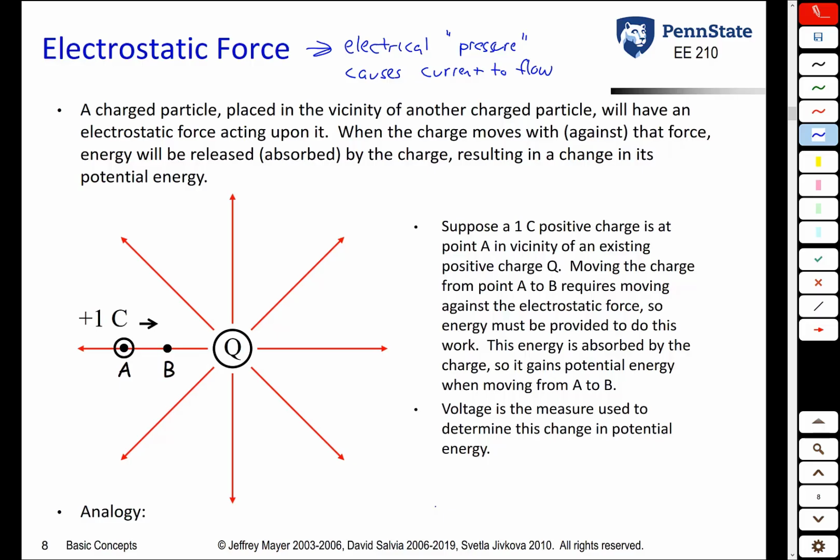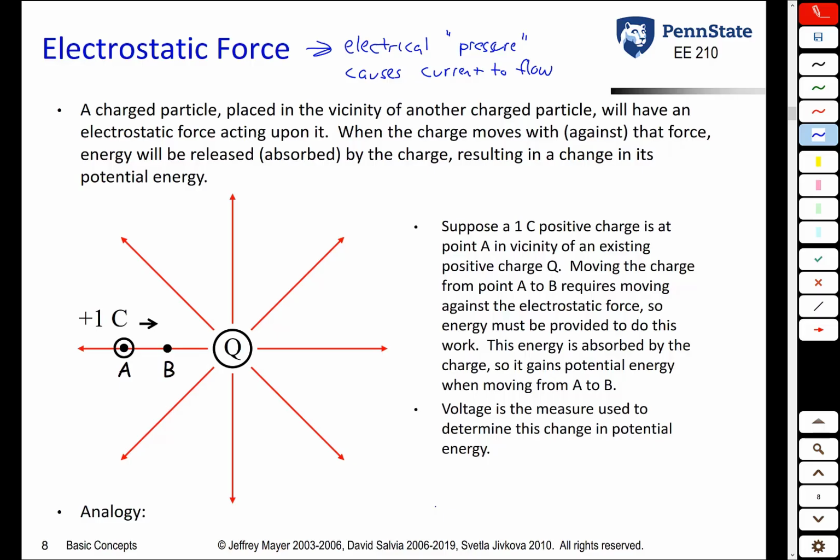With gravitational force, it is always an attractive force, but as we saw in the previous slides, an electrostatic force can be attractive or repelling. So basically, when you have a charged particle, it has an electrostatic force emanating from it.